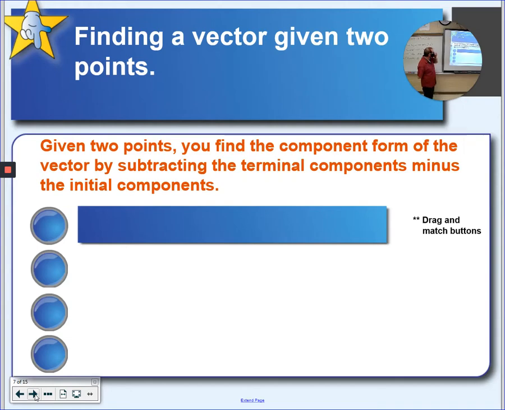If you have 2 points, like a starting point and an ending point, then you can get the component form of that vector by taking its terminal points minus its starting points, and you do the x's separately from the y's. It's very similar to finding the slope of a line.